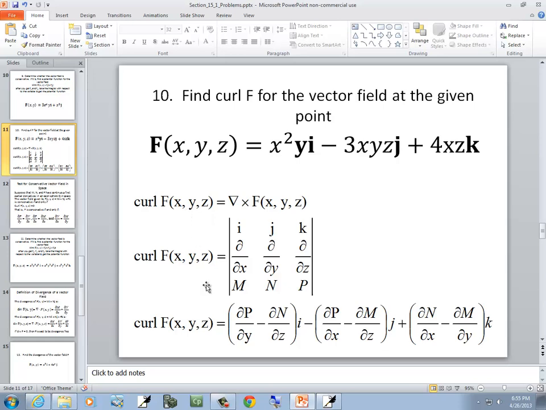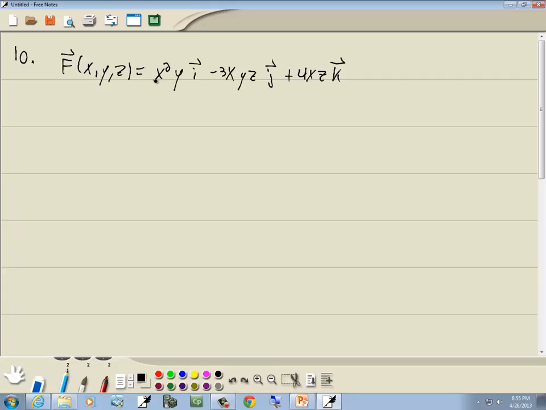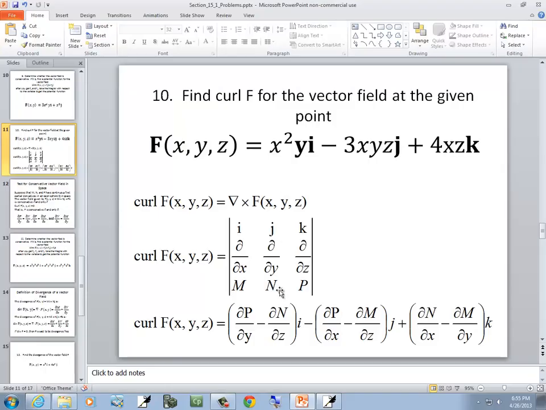Now there's three items here. Our curl is equal to this, this, and this. Well, the third one is probably going to be your most beneficial one to use, at least in these problems, because we're given m and n and p, and so it's easy to work with. M is what's before i, n is what's before your j, and p is what's before your k.